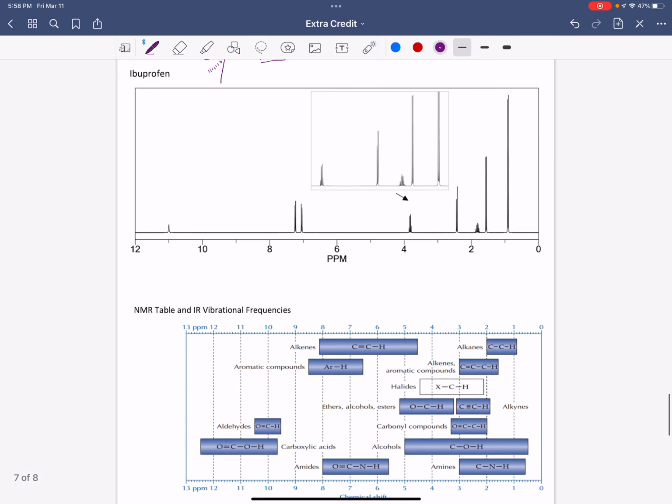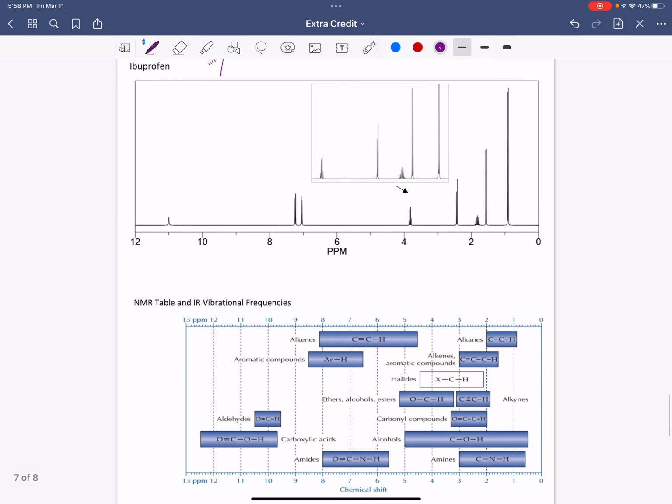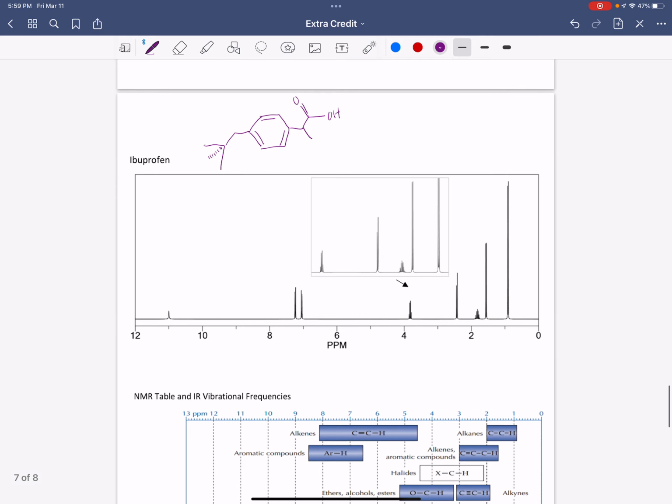So when looking at our table, let's do this one first. So that's right at 11. Go to our table in 11. That's our carboxylic acid, which would be this group right here. It's not that, like this whole group. So I'll just label it.